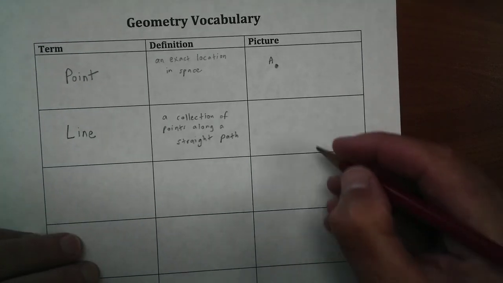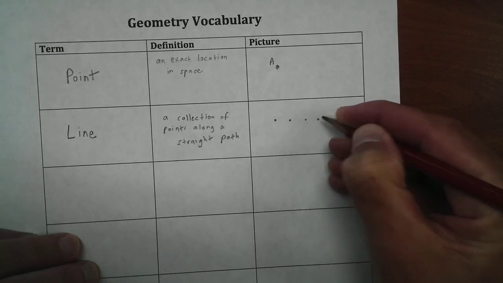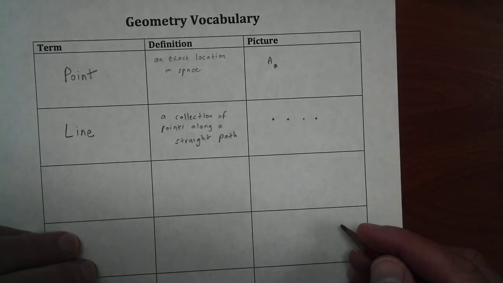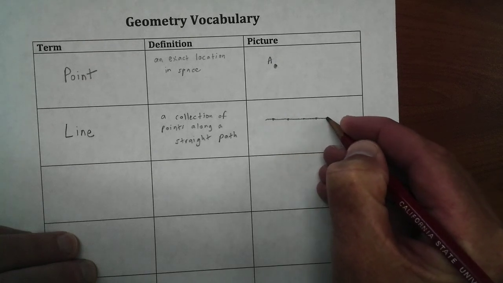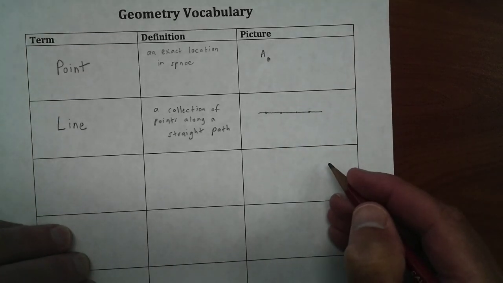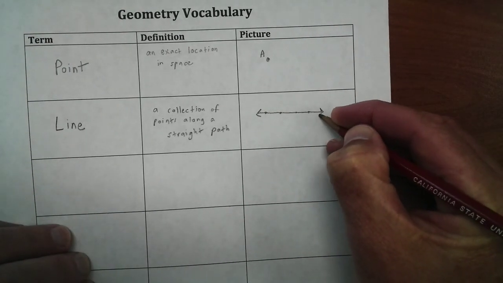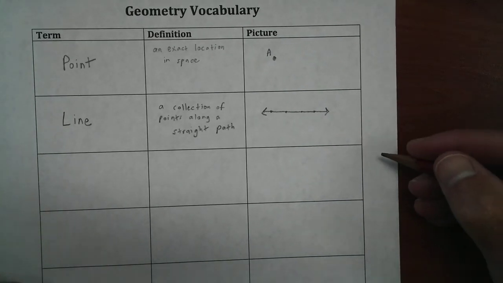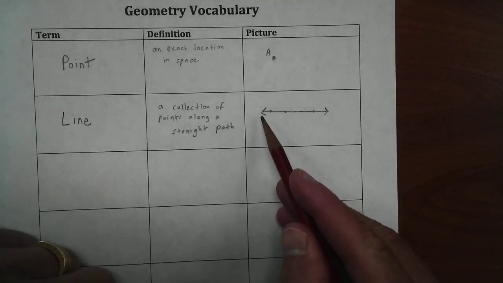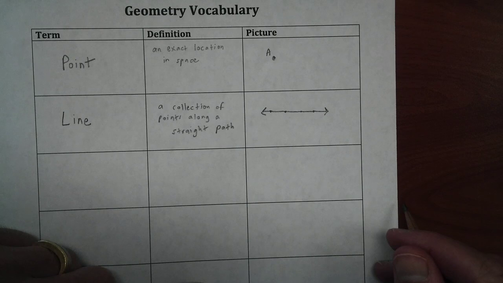So if we drew this and did some points, we could draw a line that connects all those points in a straight path. But the thing that a line has, it has arrows on each end, which distinguishes it from another geometry term, which will be the next one. This indicates that this stretches on forever in either direction.